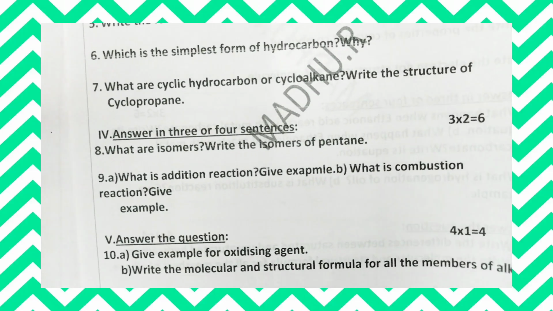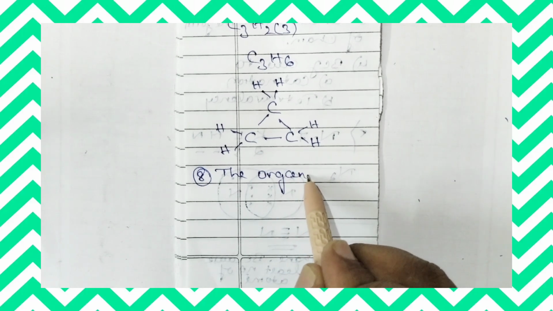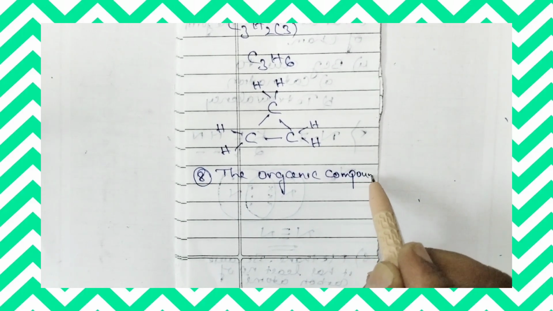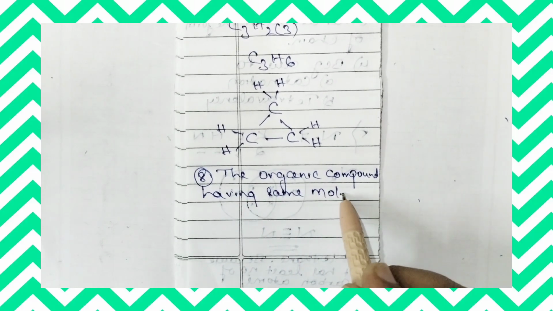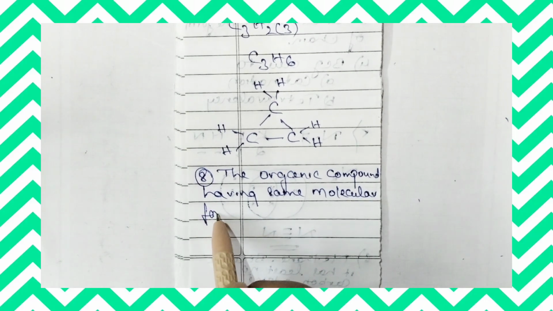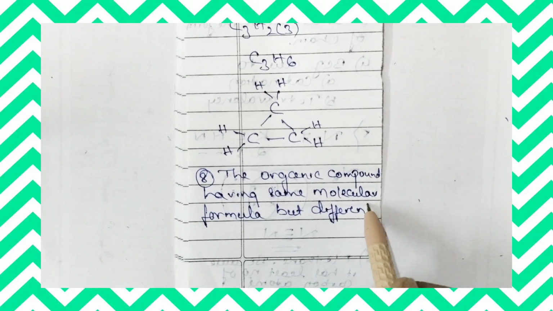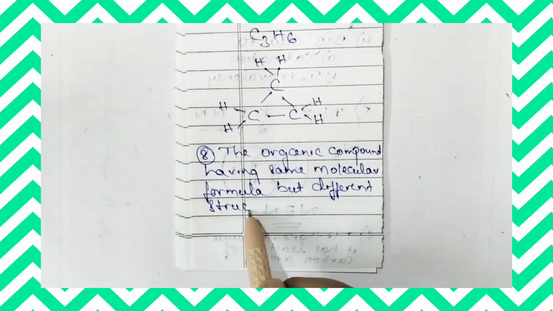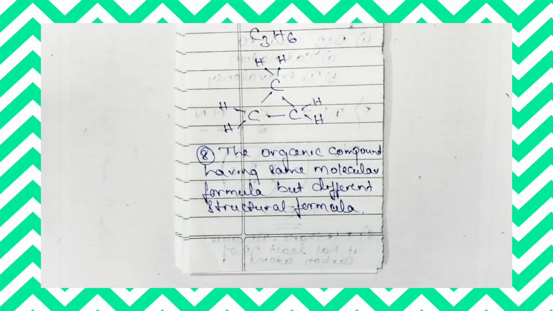Isomers are organic compounds having the same molecular formula but different structural formula. So let us write the isomers of pentane.